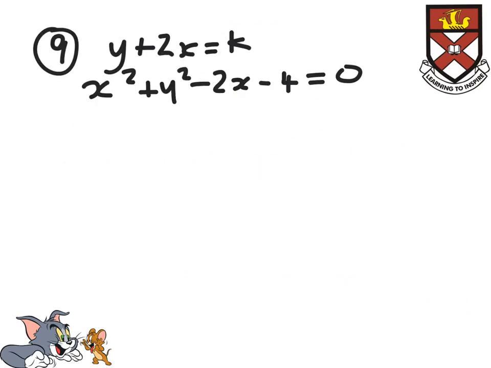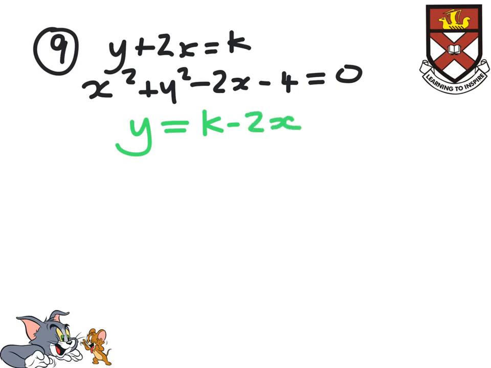Last question is really just a big, horrible, nasty algebra question. We've got a straight line and we've got a circle, and we need to work out where they cross basically. So how do we do that? Simultaneous equations. How we do simultaneous equations on this sort of stuff? Substitution. So the first thing I'm going to need to do is take the straight line and rewrite it as y equals k minus 2x.